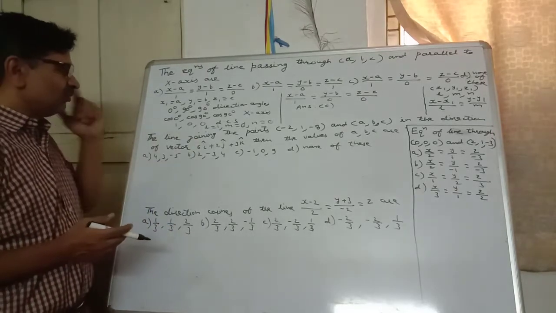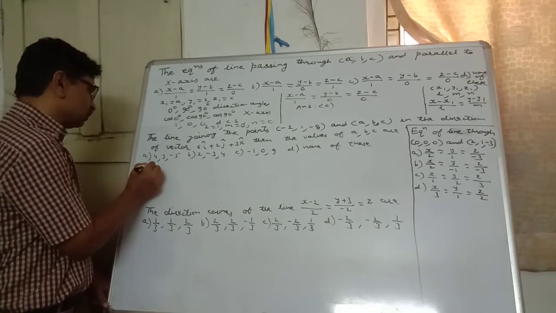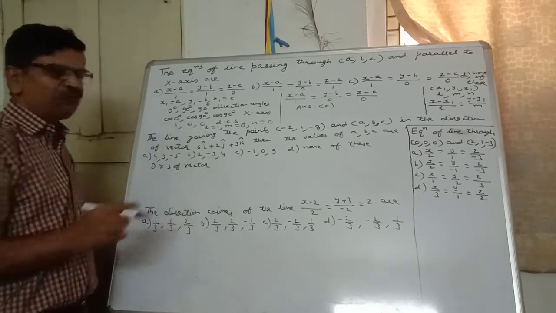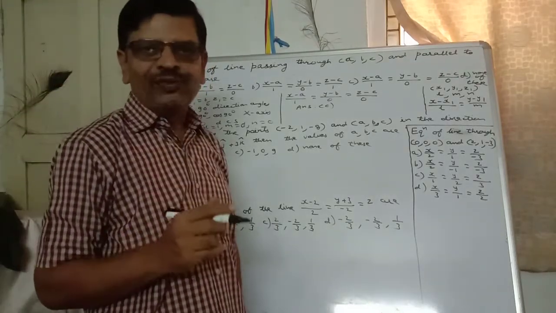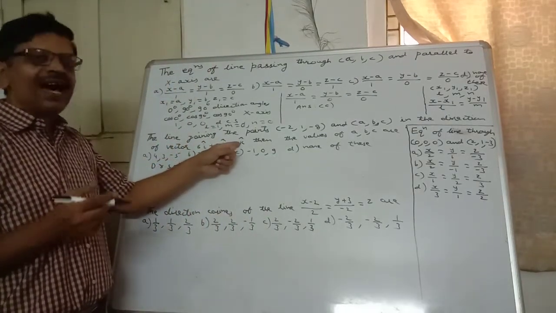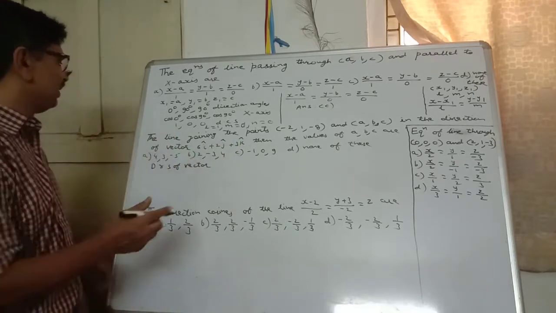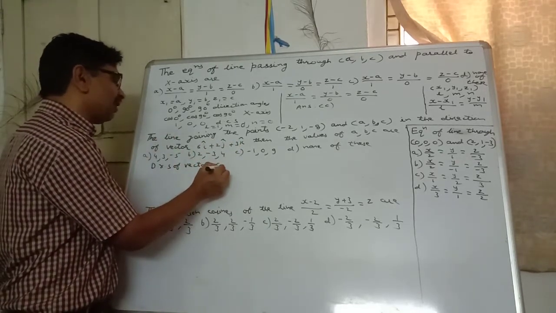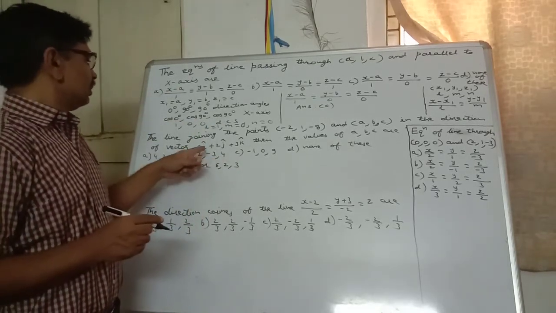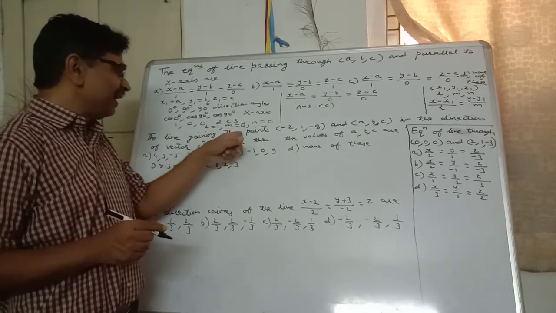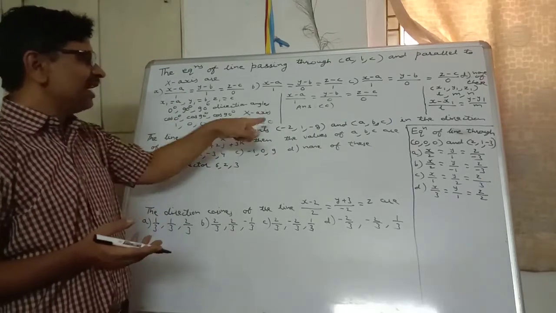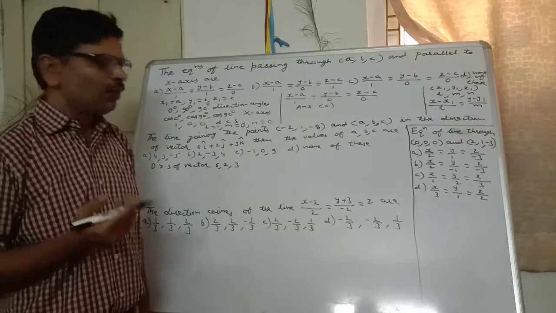Now for the vector we shall find the direction ratios. If a vector is expressed in terms of unit vectors i, j, k, then the coefficients of i, j, k are the direction ratios of that vector. So the direction ratios of the vector are 6, 2, 3. Now the direction of the vector and the direction of the line passing through these 2 points are the same. It means that their direction ratios are the same or proportional.